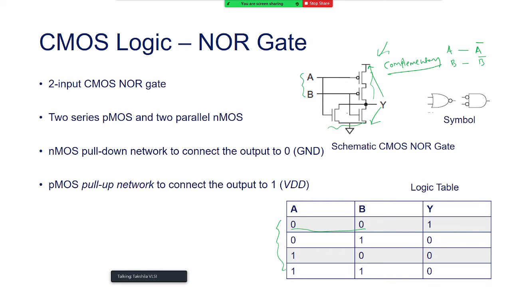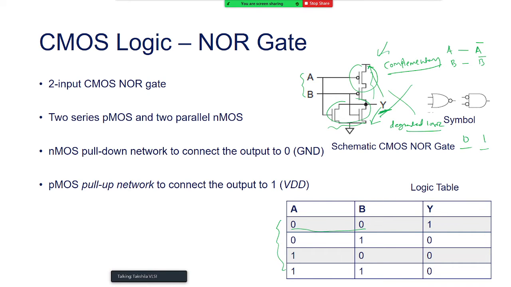Is swapping of the pull-down and pull-up possible? Yes, possible, but that would be called bad design. Why? Because the output will appear with degraded logic, and we don't want that. We want strong output levels. When the switching happens, we want strong 0 and strong 1.